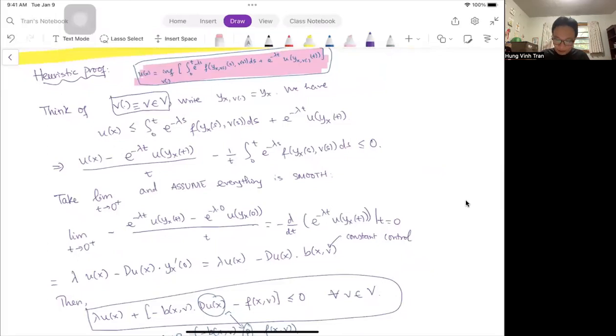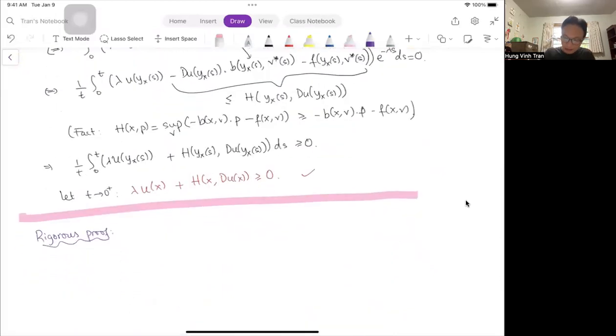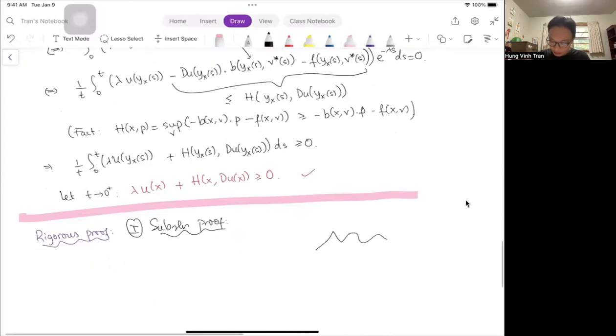So let me just write down very quickly the first part, which is the subsolution proof. How do we do the subsolution proof? You take the function u. Again, it might not be smooth. You touch it from above by any possible test function at any possible point.